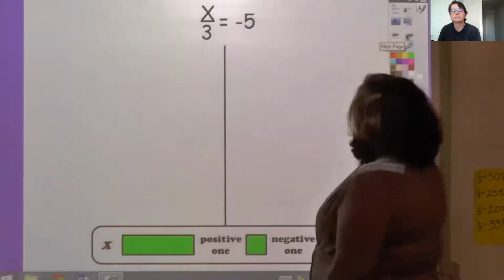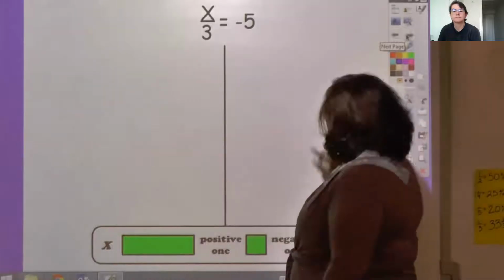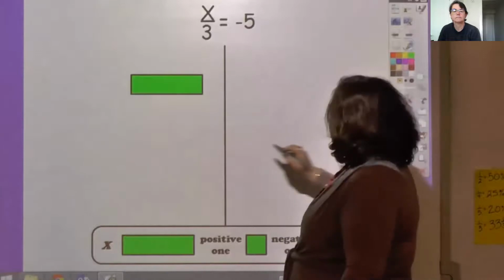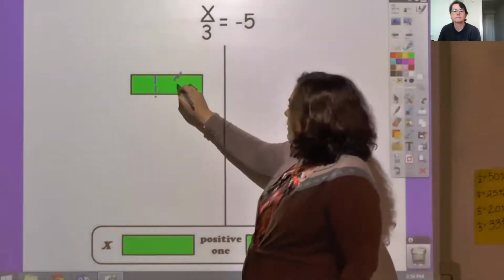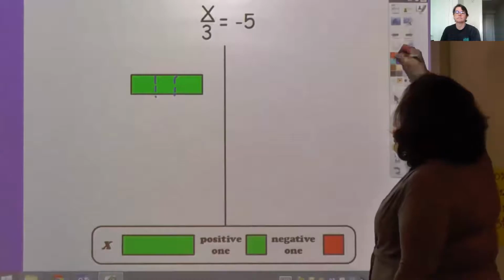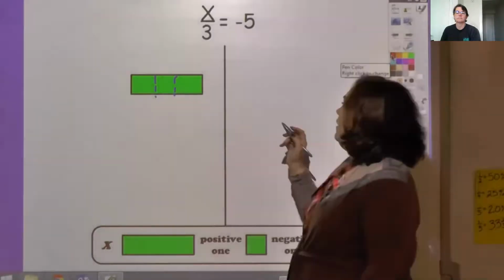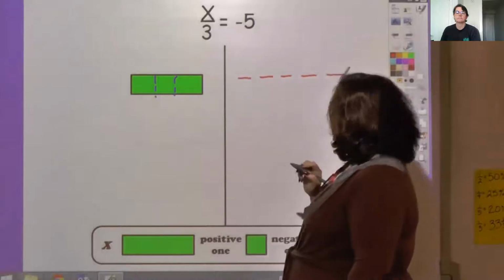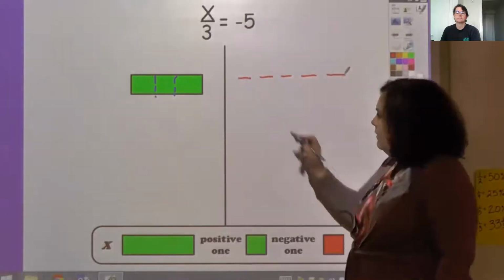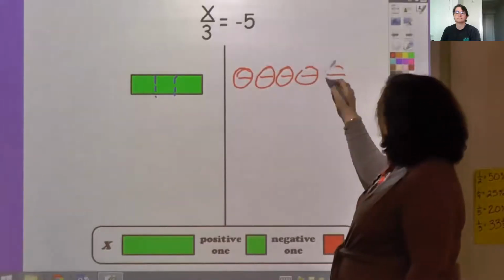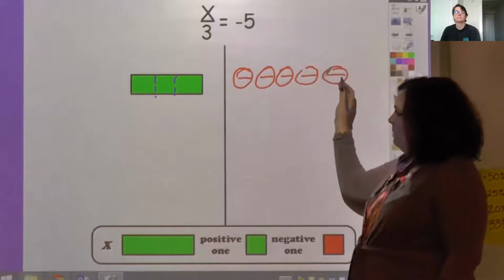So let's take an x, and we want to show divided by 3. So that's divided by 3. And instead of pulling these squares up, I'm just going to represent it with lines. And we'll make them circles. There we go. And so that's negative 5.